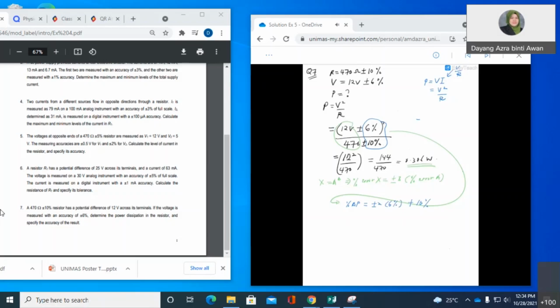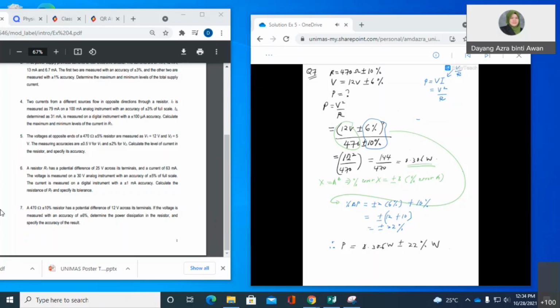So we have around plus minus 12 plus 10%, which is plus minus 22%. So the final result of the power for the terminal is P equals 0.306 watt plus minus 22%.